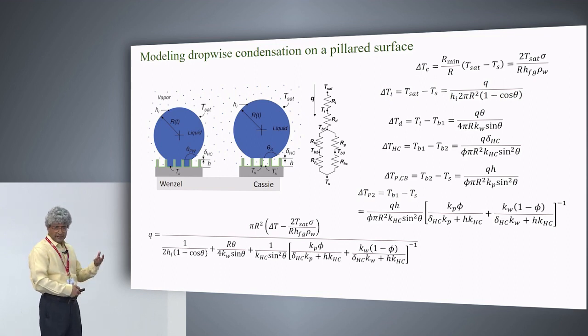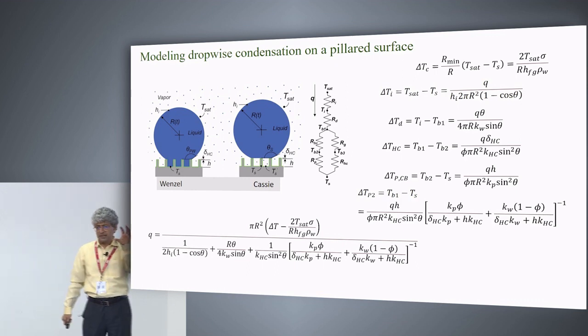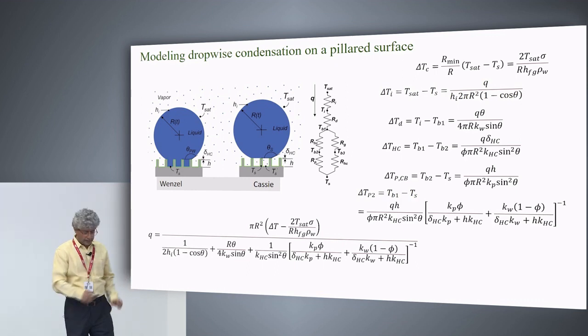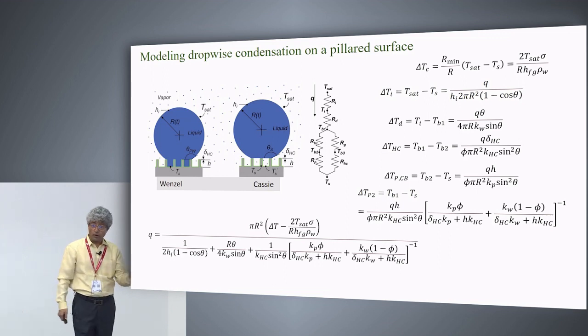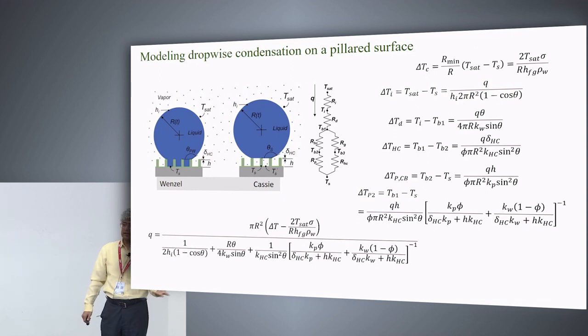Overall, I did mention that higher levels of hydrophobicity will make the critical drop size smaller. So here, even though schematically they are shown to be the same, here drops are smaller compared to Wenzel. Here you have liquid filling the interpillar gap. Here it is either vapor or air. If it's moist air condensation, it is mainly air.